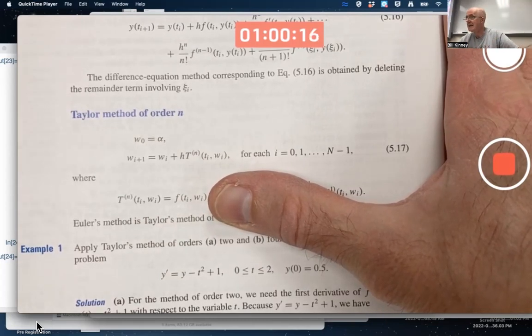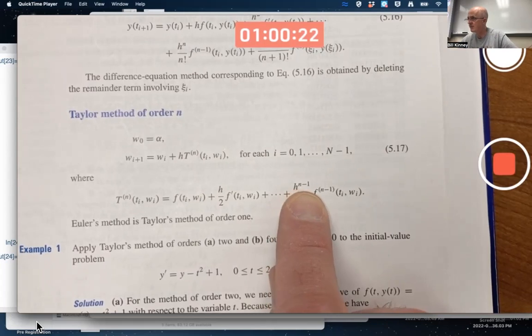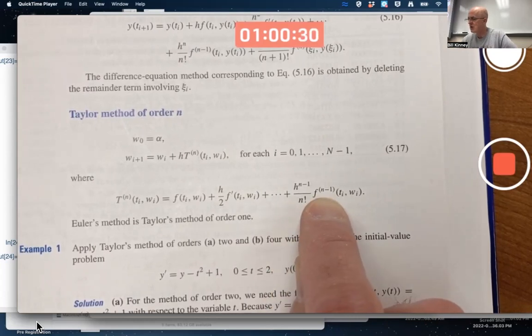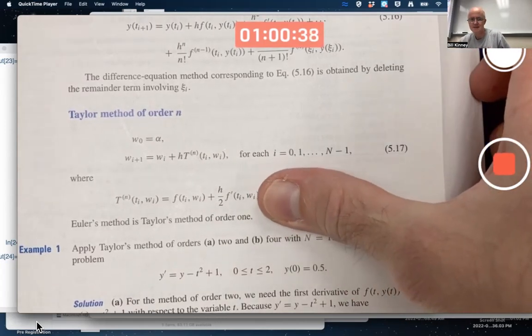Now, if I make n equal to 2, the last term, so to speak, has an h to the 2 minus 1 power, first power, over 2 factorial, 2, times, if n is 2, f of 2 minus 1, I guess that's f1, which is a first derivative. It essentially simplifies to this.